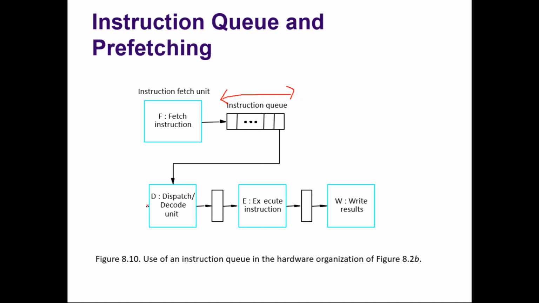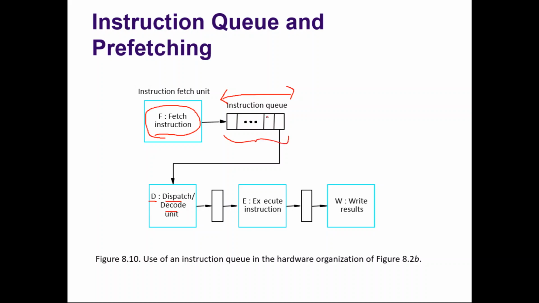This decode unit is otherwise called, now we are renaming the decode unit as the dispatch and decode unit. The job of the fetch unit is to just fetch the instruction from the cache and load it in the instruction queue. It can load as many instructions as possible, restricted only by the size of the queue.